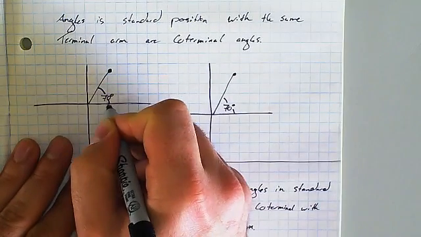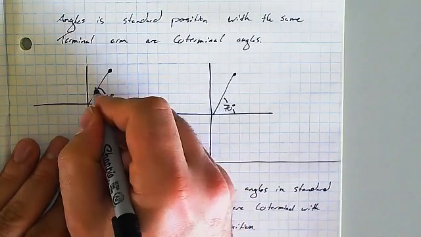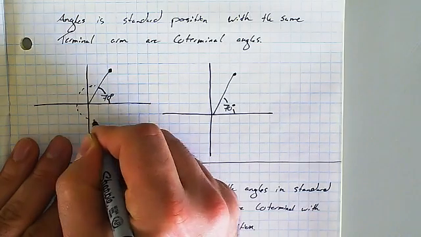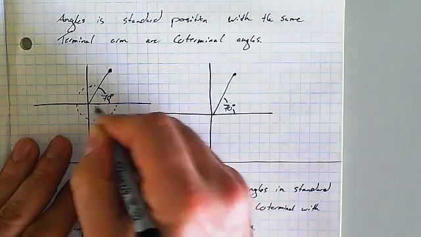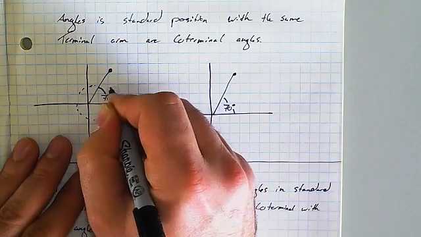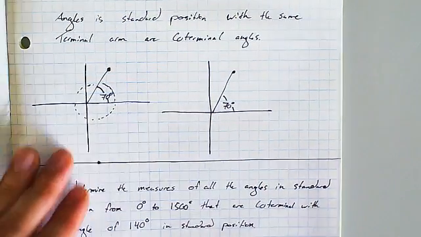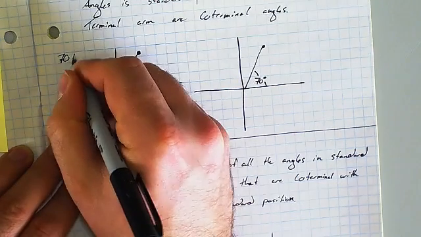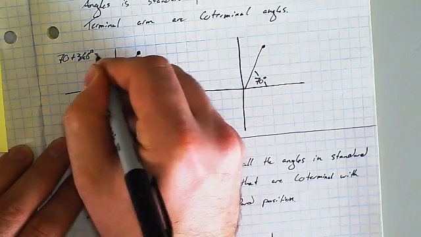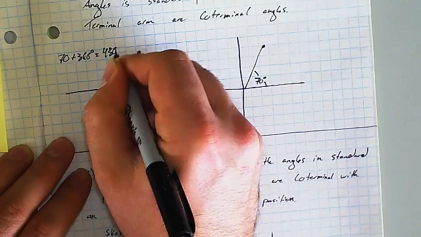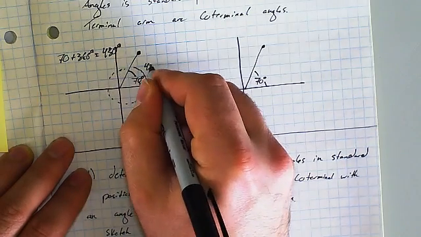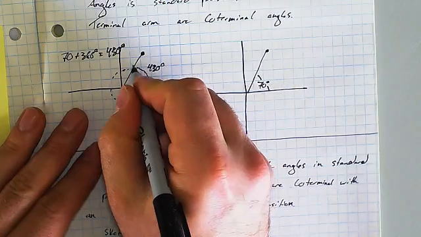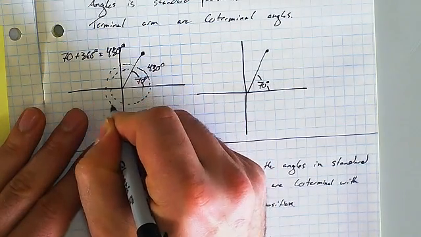If I go from 0 to 70 degrees, and kept going, I went 360 degrees and went back that additional 70 degrees, I would have an angle of 70 plus 360, so I'm now at 430 degrees.